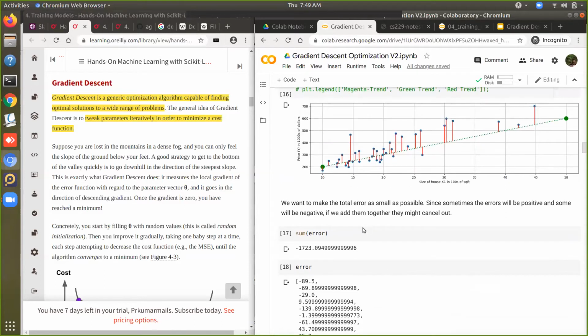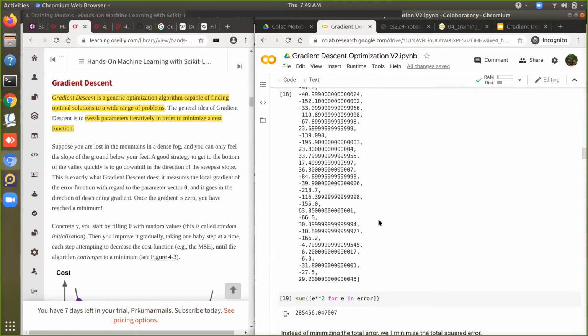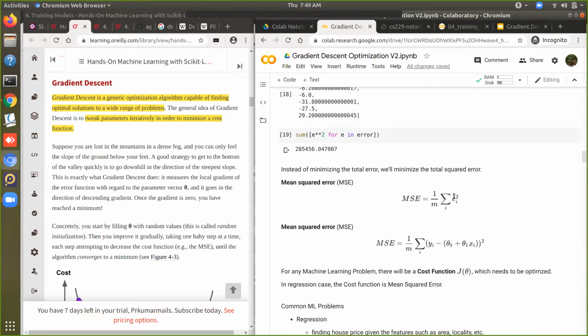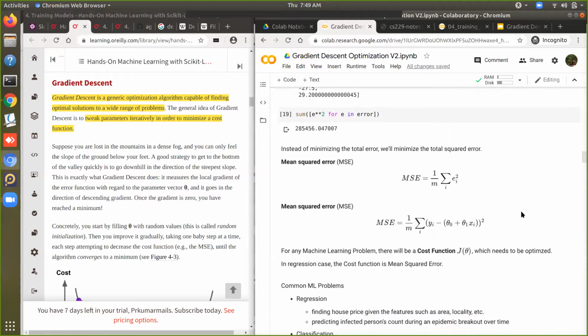In order to avoid that, we will be using squared error. We will average them, so it is called mean squared error, and this mean squared error is the cost function. If someone says this is the best fit line, we compute the mean squared error. If it is comparatively less than what exists, then we can say it is a better one.